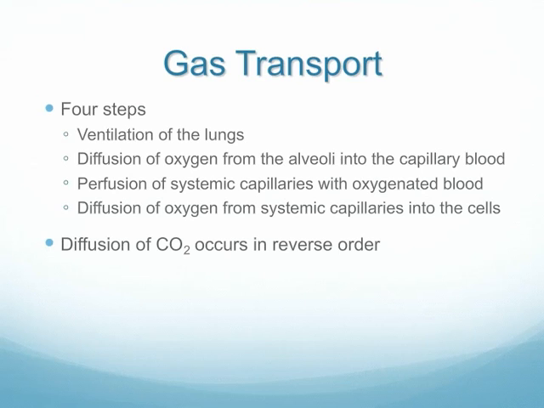Conversely, we have the opposite process occurring with CO2. CO2 is going to diffuse from the tissues back into the systemic capillaries, from the systemic capillaries back into the systemic circulation, then to the alveoli, and then be ventilated out of the lungs.